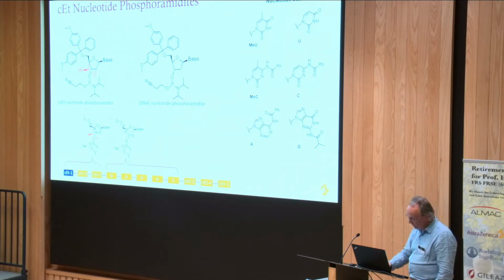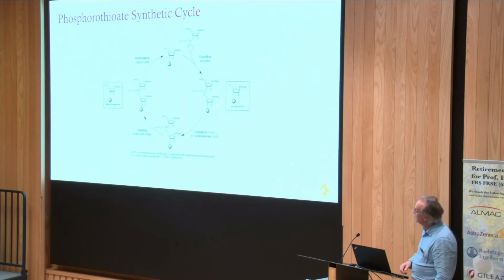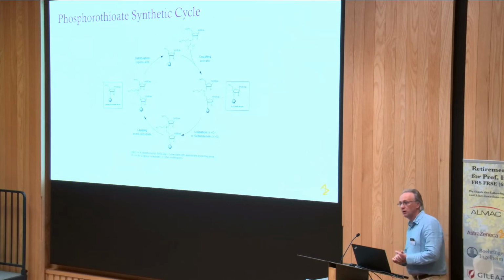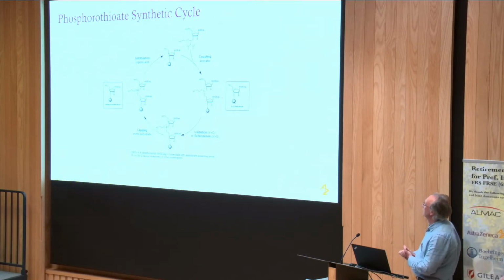So the standard way they're put together is this synthetic cycle. It's solid phase. It's got a lot of similarity to the solid phase peptide synthesis, and it's been the way of making oligonucleotides for, I suppose, decades now.